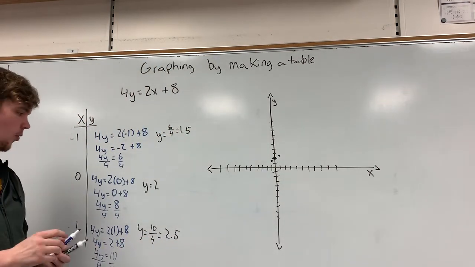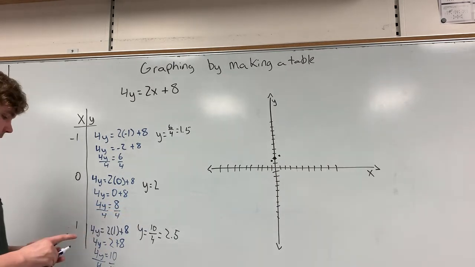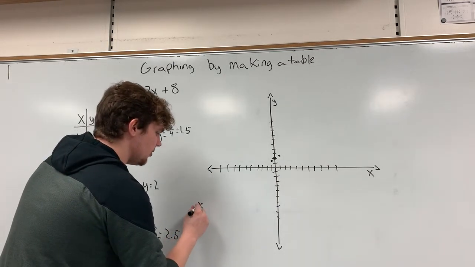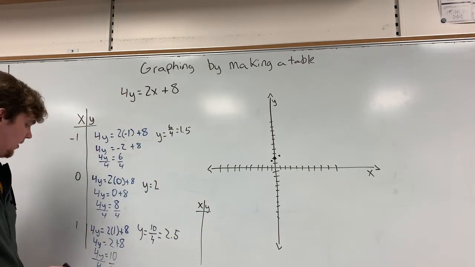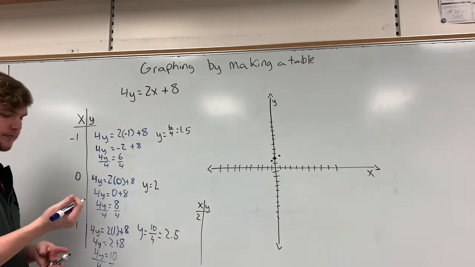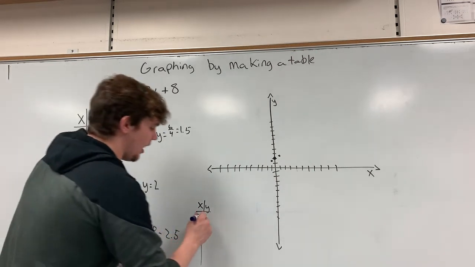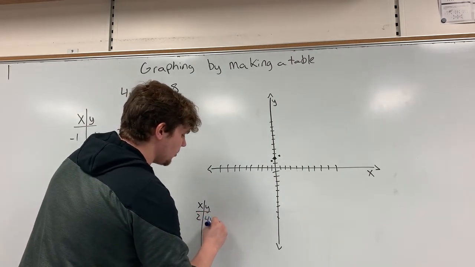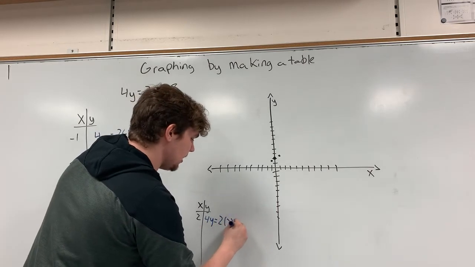I really just have one more to do. So I'm going to have to show my work right over here. That's okay. If you have room on your paper, go ahead and keep going down. Okay, but now I'm going to substitute in x is 2. So I'm taking 2, and subbing it in for that x right there. So I have 4y equals 2 times 2 plus 8.